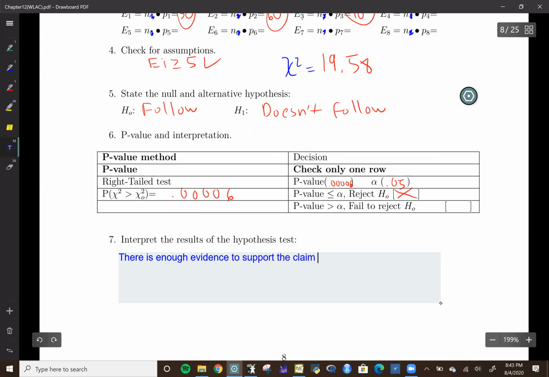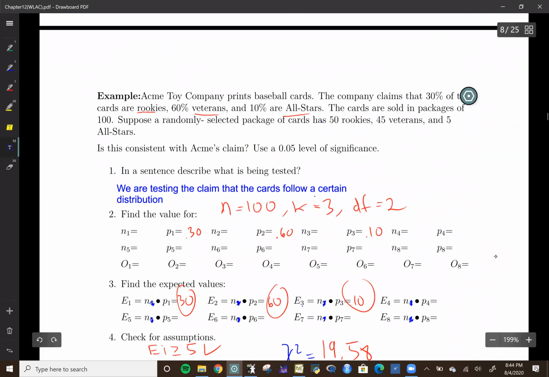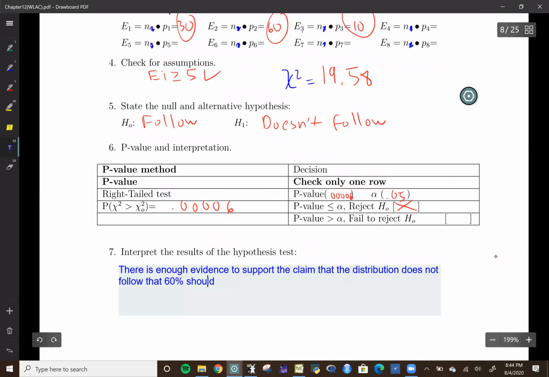the claim that the distribution does not follow the, what was it, 60%... 30% should be rookies.